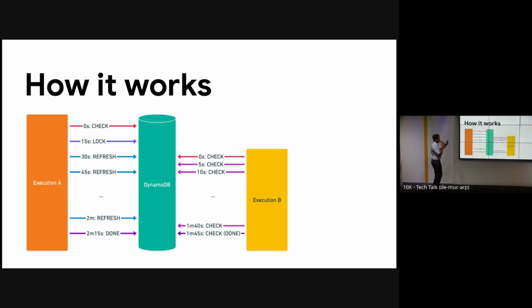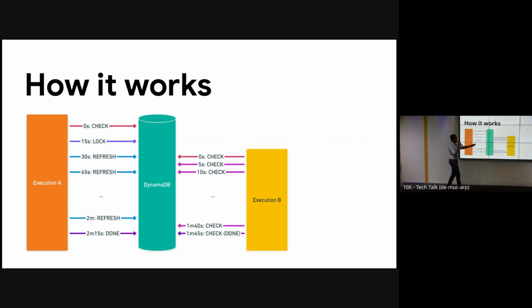So there's a lot going on here, but our action merging implementation is actually pretty simple. It's powered by optimistic locking in Dynamo and some polling on top of that. Here, execution A started first, and it took an exclusive lock after 15 seconds of executing. Then it refreshes its lock every 15 seconds afterwards until it's done at 2 minutes 15 seconds.